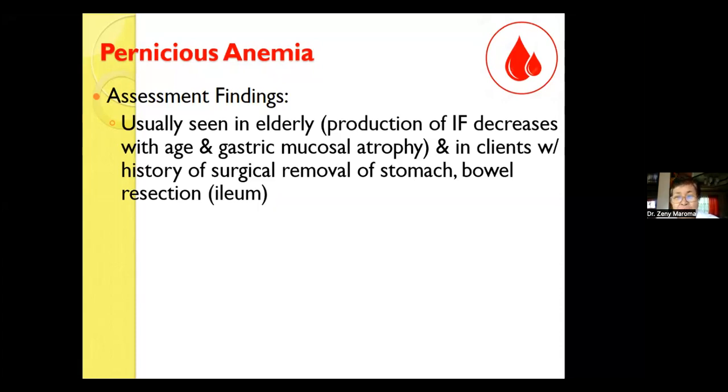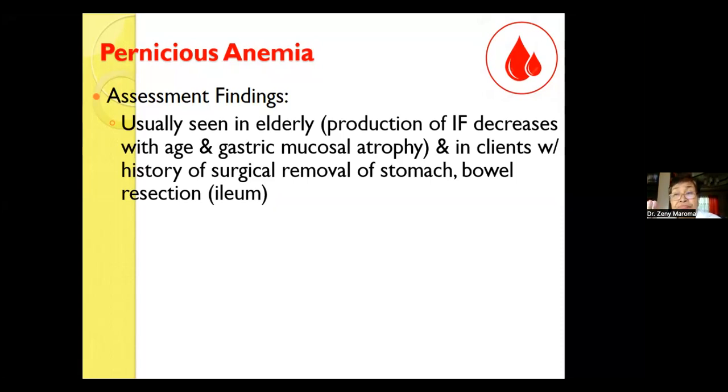Pwede rin sa pasyente na with removal of the stomach. Bakit naman tinanggal ang stomach? Probably there's gastric cancer. Also, cancer of the small intestine. Kaya nagkaroon ng bowel resection like removal of the ileum. The vitamin B12 is the extrinsic factor. The intrinsic factor is one which is produced inside by the stomach.